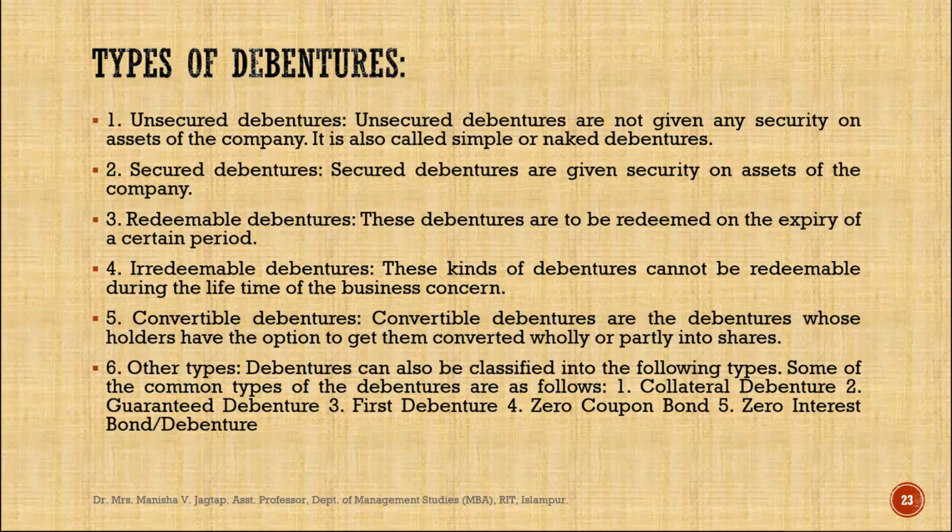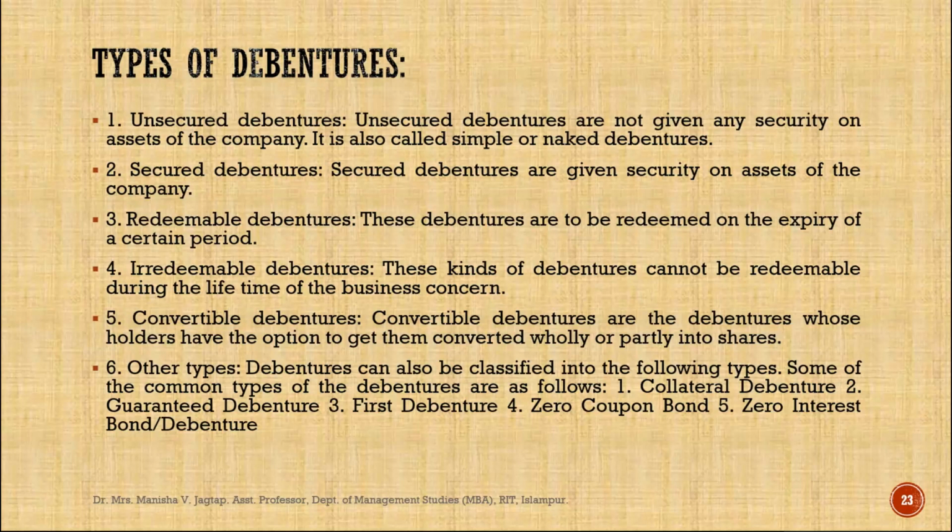Next is convertible debentures. Convertible debentures are the debentures whose holders have the option to get them converted wholly or partly into shares. These debentures are usually converted into equity shares. Next is other types.